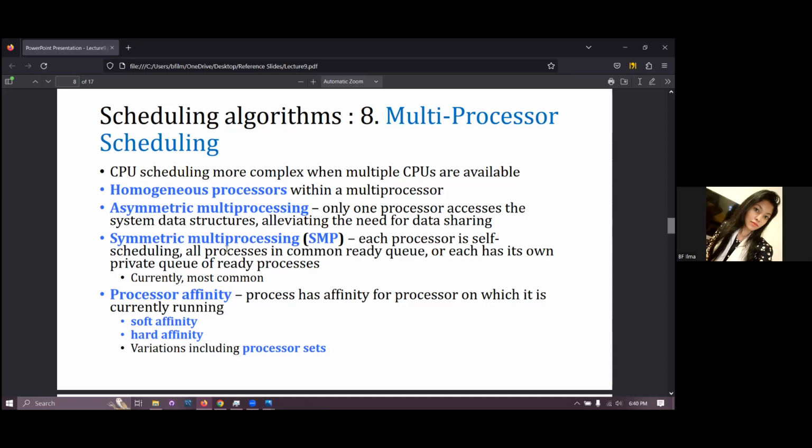Symmetric multiprocessing is where there's no master. Each processor schedules its own jobs, and this is currently the most common. There's a common ready queue for all the processes, and a common ready queue for all the processors as well.